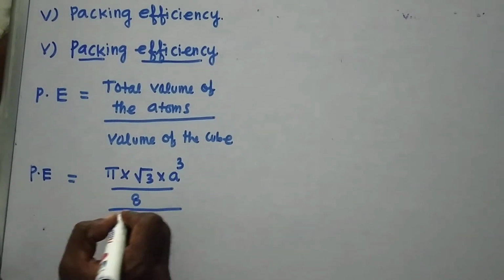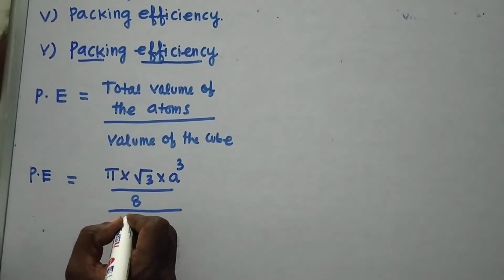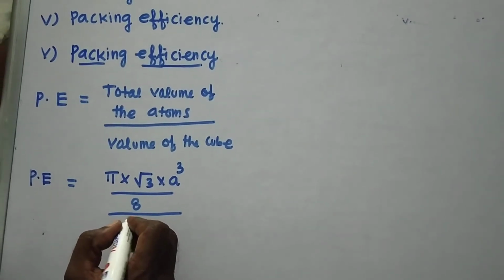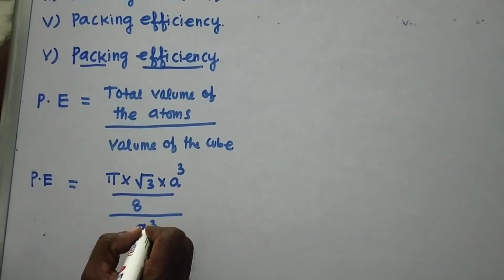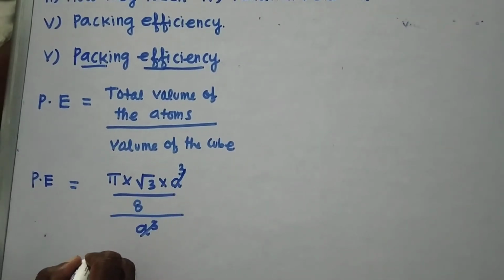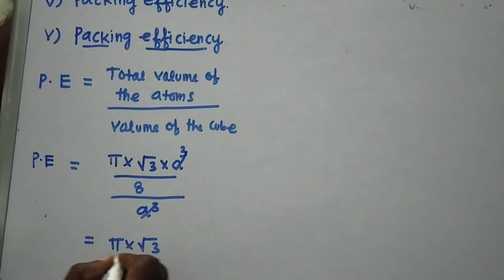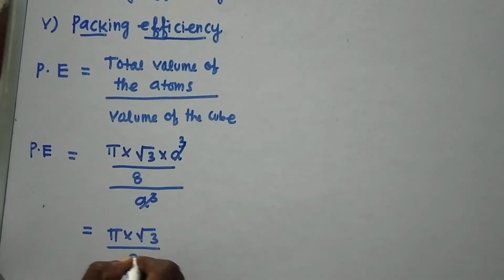Then volume of the cube is a product of side into side into side, that is a into a into a, that is equal to a cube. Okay, a cube cancel each other. Then pi into root 3 divided by 8.